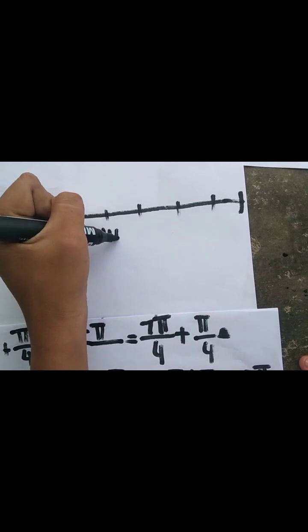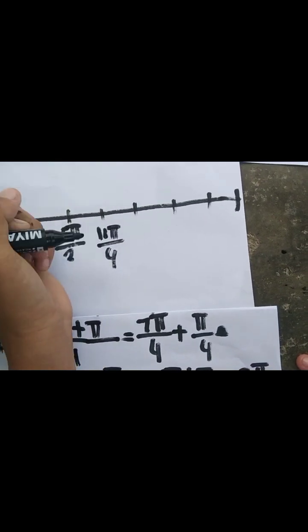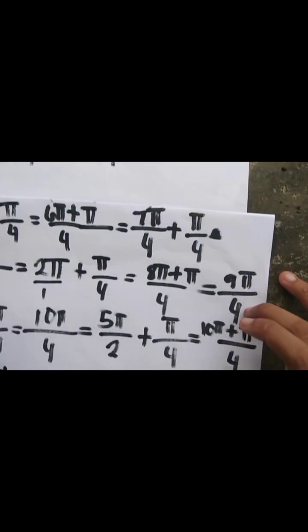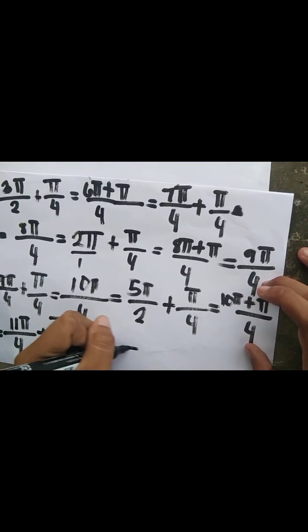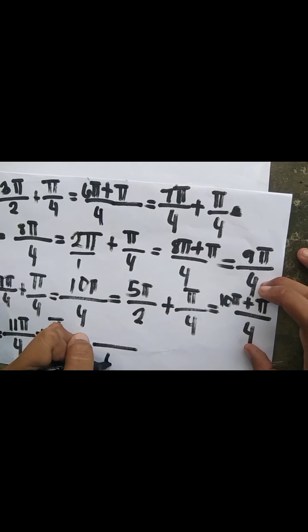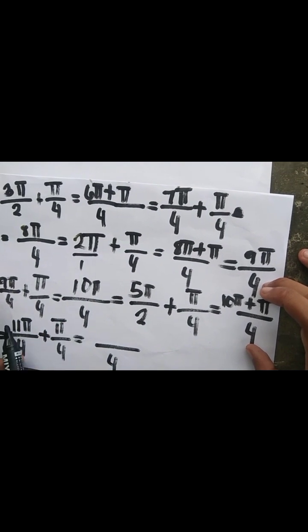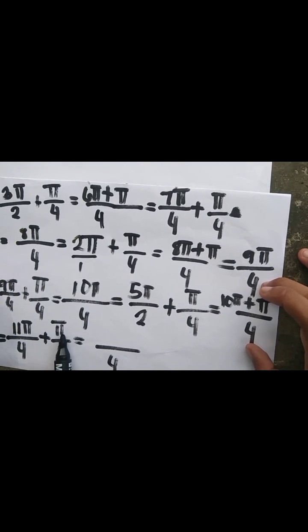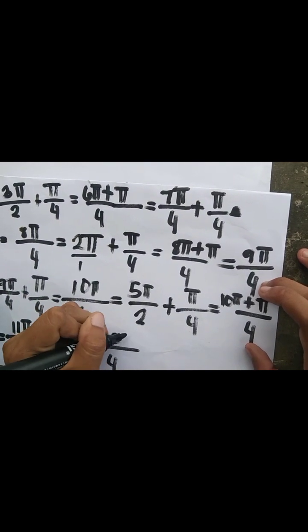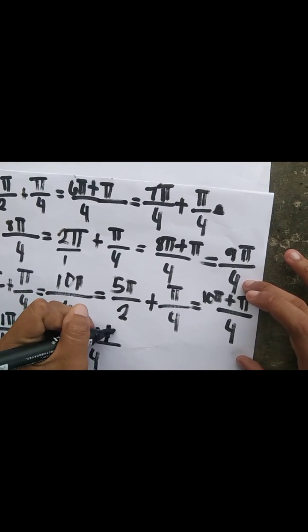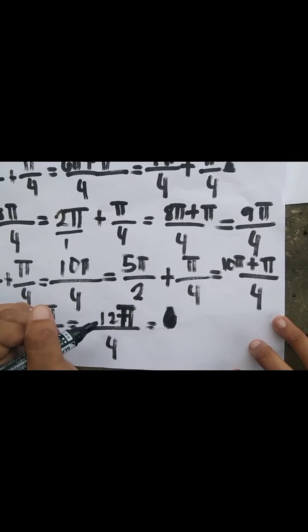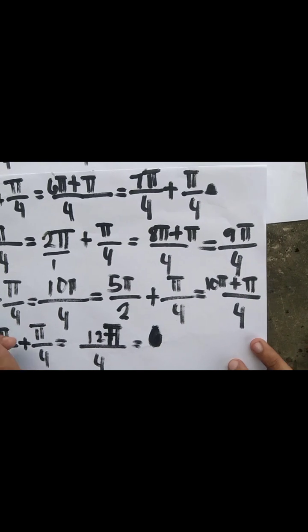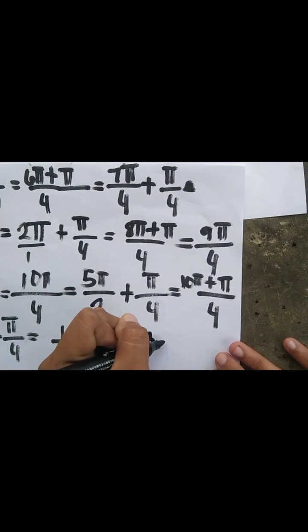11 pi over 4. Then add pi over 4 equals, copy the denominator, which is 4. Then 11 pi plus pi equals 12 pi. Reduce to lowest term. 12 pi over 4 equals 3 pi.